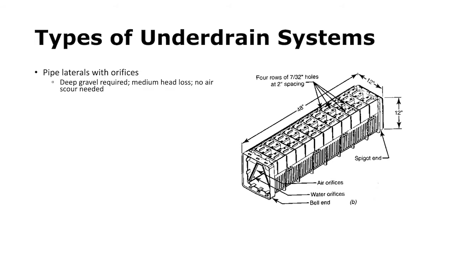So there's a lot of different types of underdrain systems that we can use. For example, you can see the drawing here showing pipe laterals with orifices that can be used in some systems. This type of underdrain has a medium head loss associated with it.